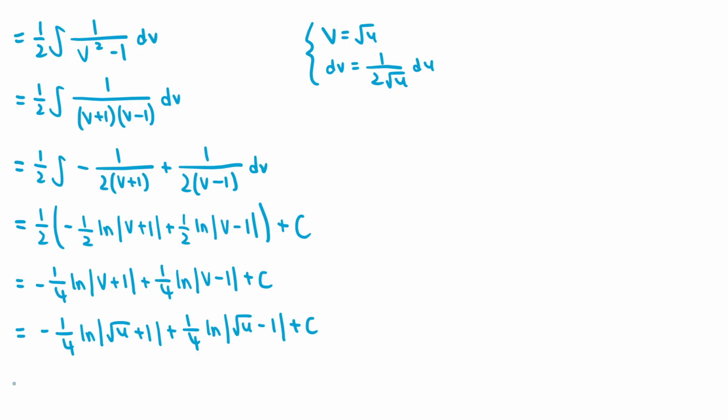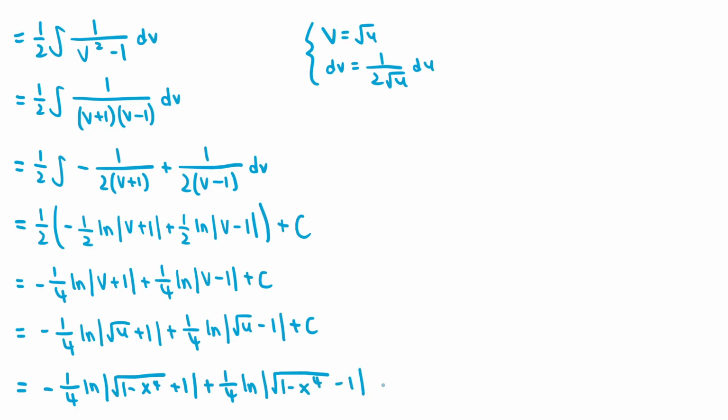So if we substitute that back into the expression, we get negative 1 over 4 times ln of the absolute value of the square root of 1 minus x to the fourth plus 1 plus 1 over 4 ln of the absolute value of the square root of 1 minus x to the fourth minus 1 plus c. So as you can see, the final result is a fairly big expression.